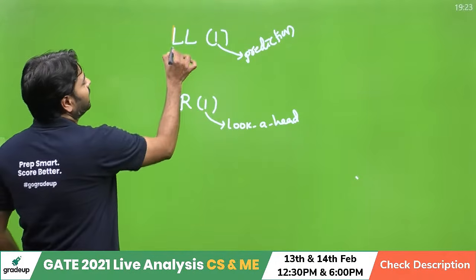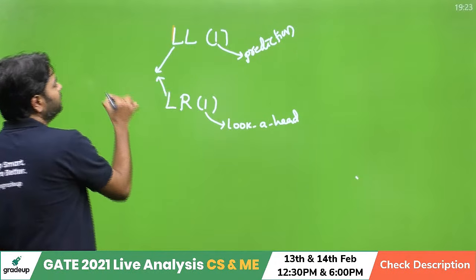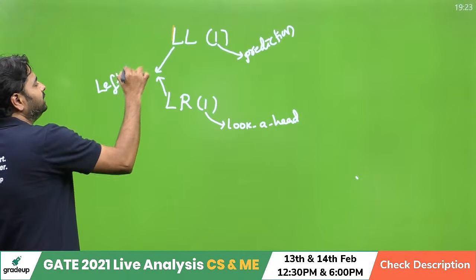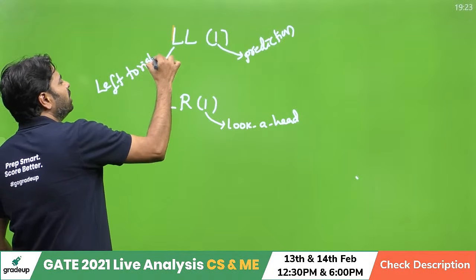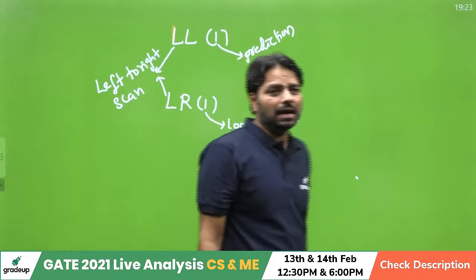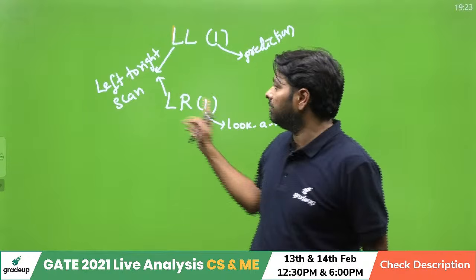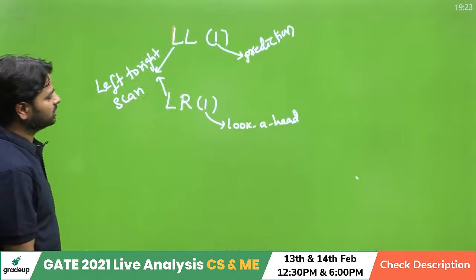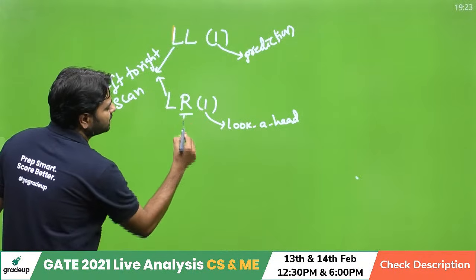Here both L's are there. This L and this L represent the same thing: they scan from left to right, whether it is a bottom up or top down parser. The first L represents the left to right scan. This was a previous year GATE question. What does the R represent?